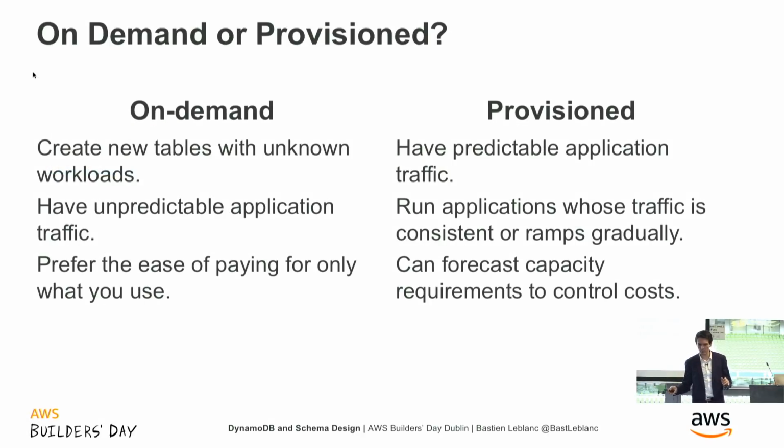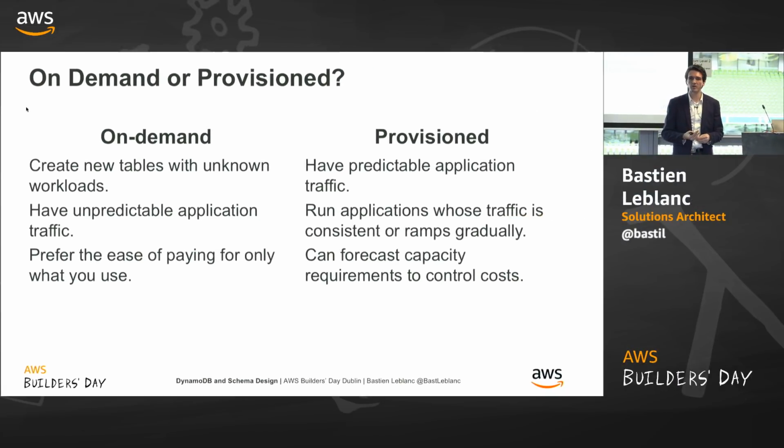So that's very good. On demand is for when you create new tables and you don't know your workload, you don't know how many people will use it, you have very unpredictable application traffic. Maybe you have a website, but it can be very used or not, depending on a promotion or a social media thing.